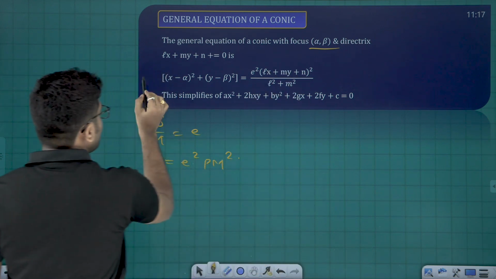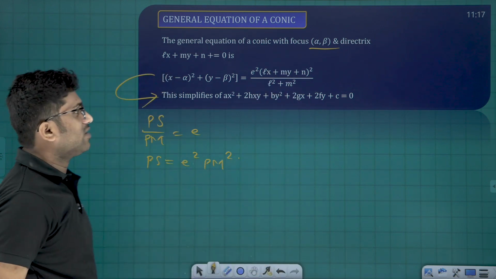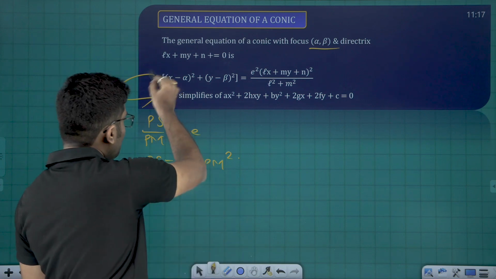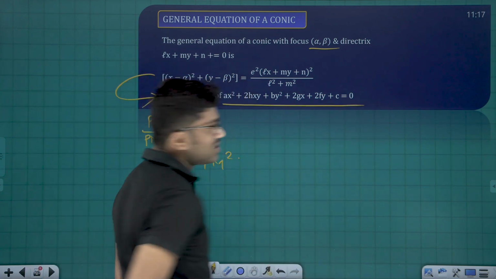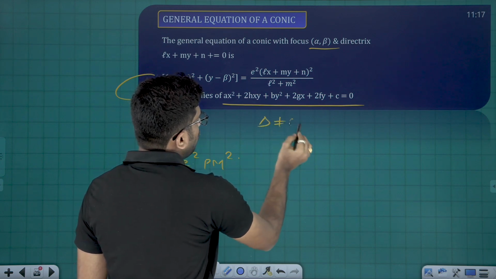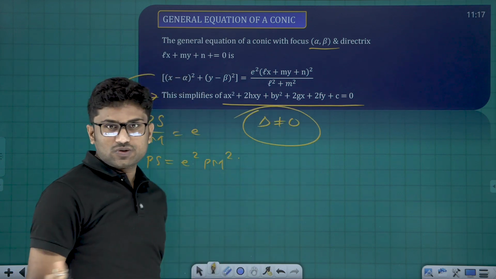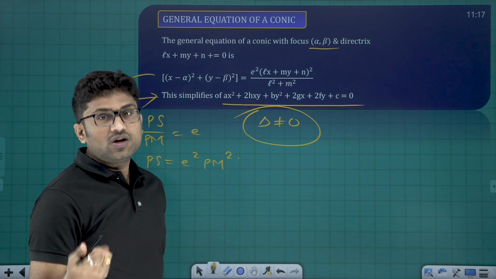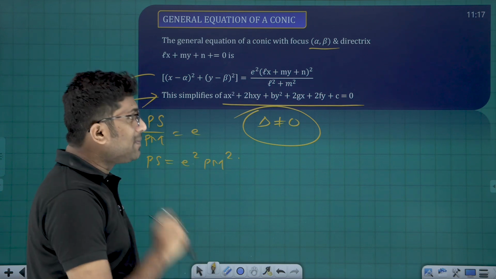Now this equation will be reduced to a second degree general equation, and as usual this represents a conic section only when delta is not equal to 0. If delta is equal to 0, then it represents a pair of straight lines.